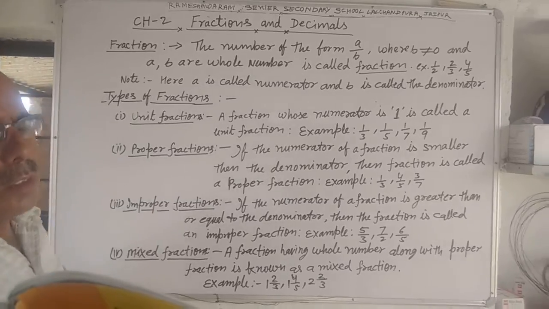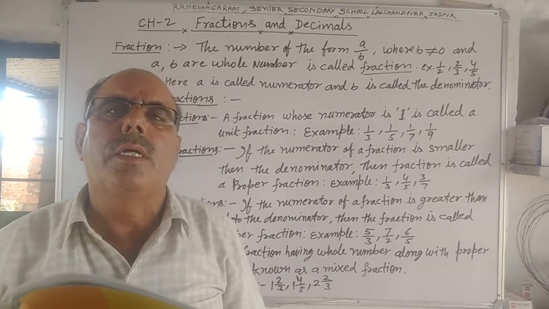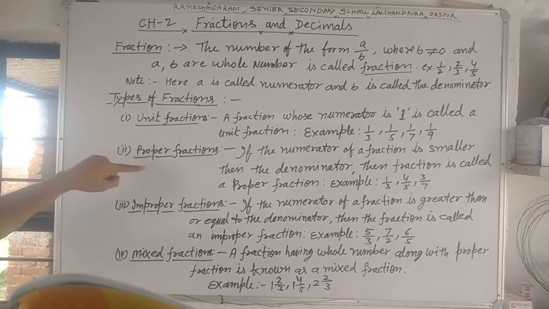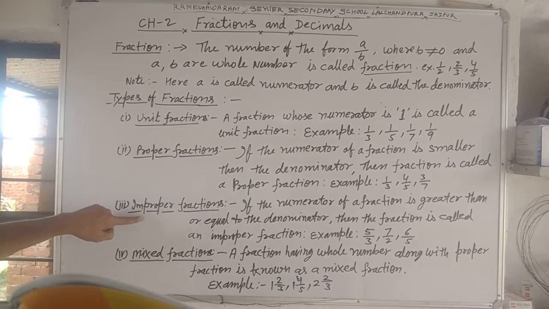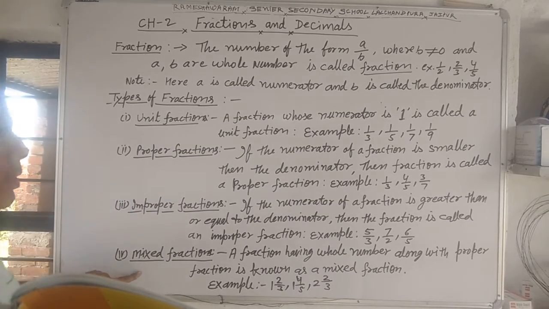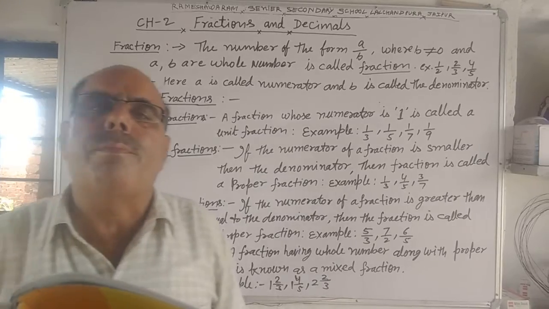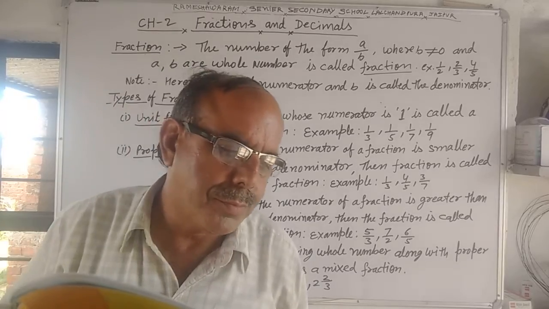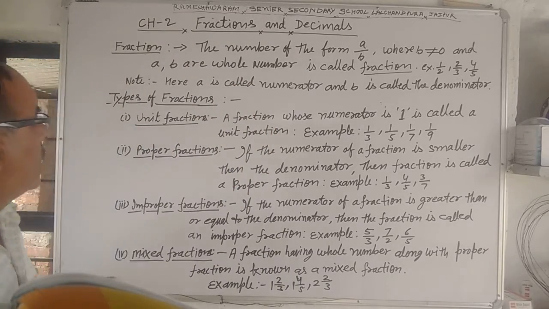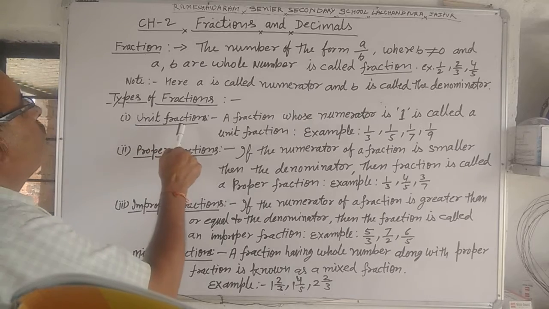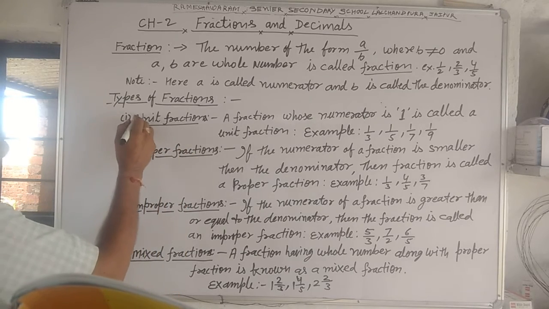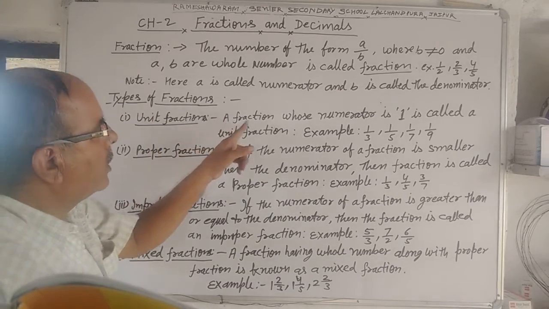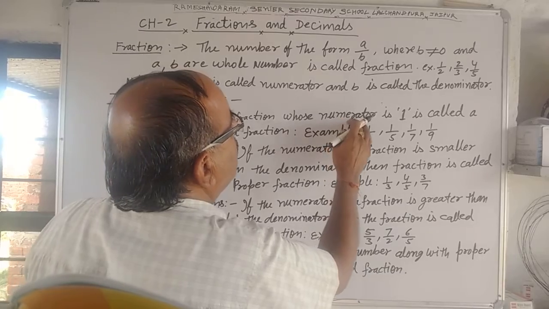Types of fractions. How many types of fractions? The types are unit fractions, proper fractions, improper fractions, mixed fractions, like fractions and unlike fractions. First, the unit fractions. Unit means 1. A fraction whose numerator is 1.